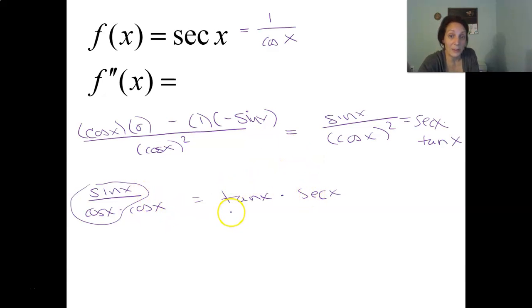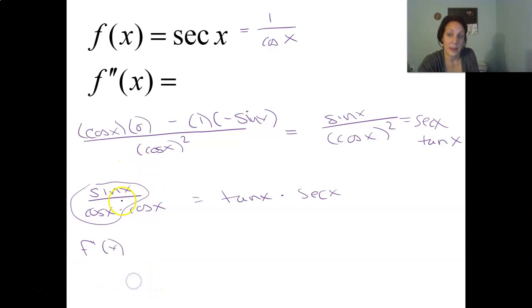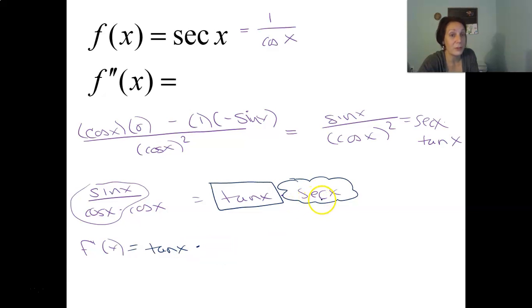So if I want to take the second derivative of this, again, I can use a quotient rule with a product in the basement, or I can come over here and do a product rule. Frankly, I prefer a product rule. So for my second derivative, I have my first term, tangent, times the derivative of my second.